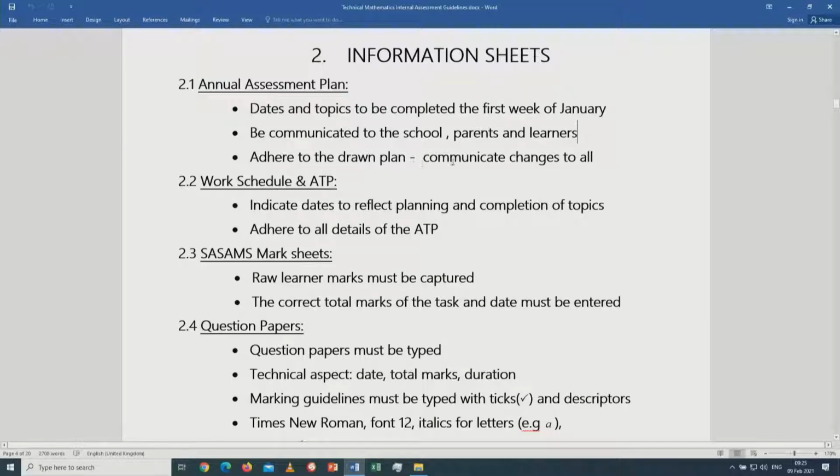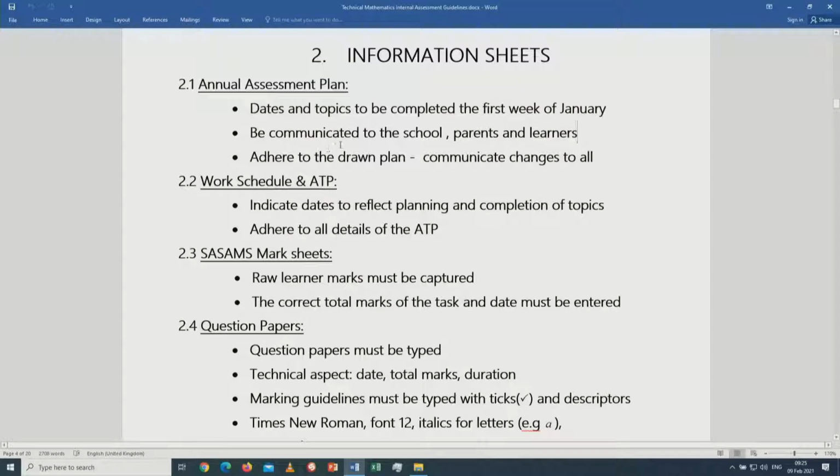Adhere to the assessment plan. Colleagues, I spoke about adherence to the assessment plan. For instance, when I was talking about assessment in term 1, where you are supposed to give learners an investigation. And according to your assessment plan, you have investigation to be given to learners, for instance, on the 20th of February.